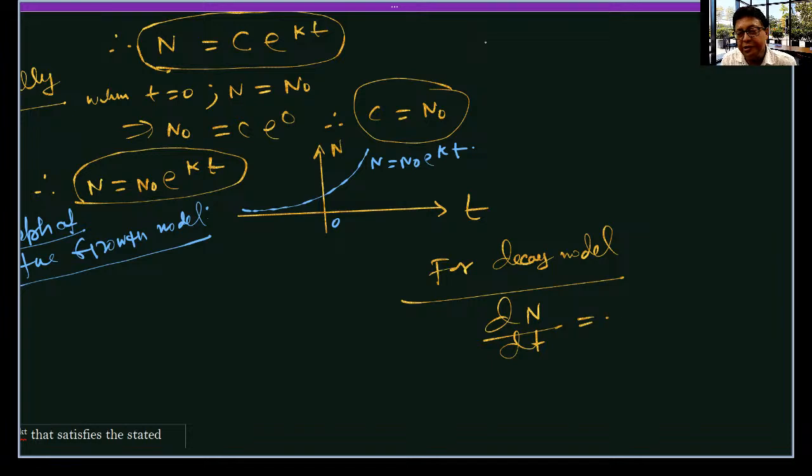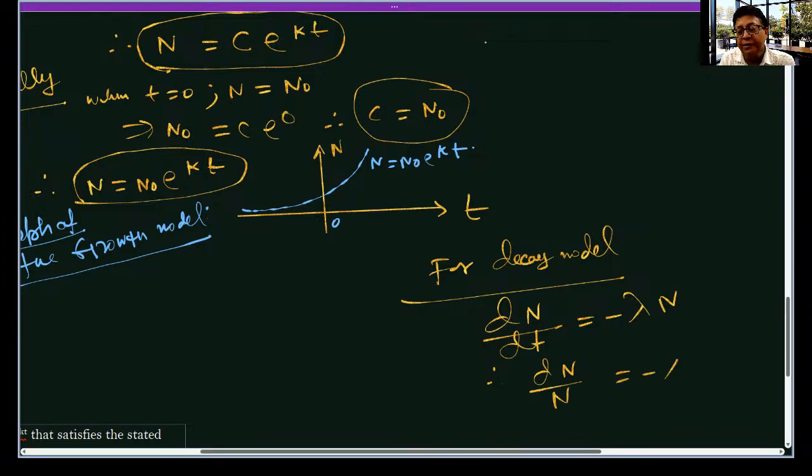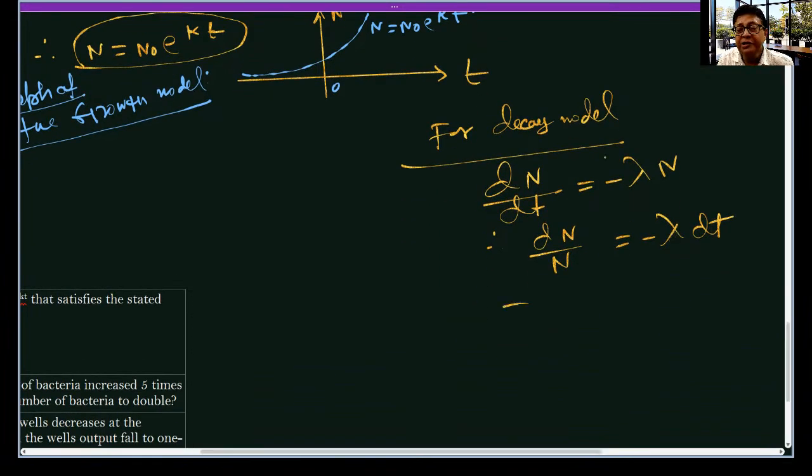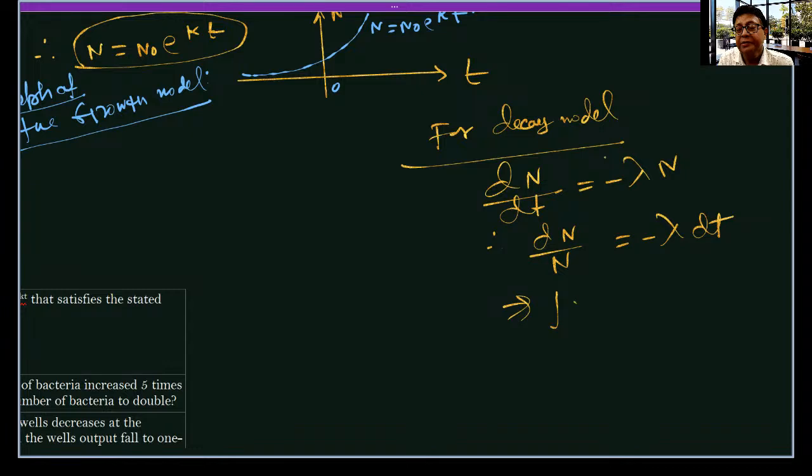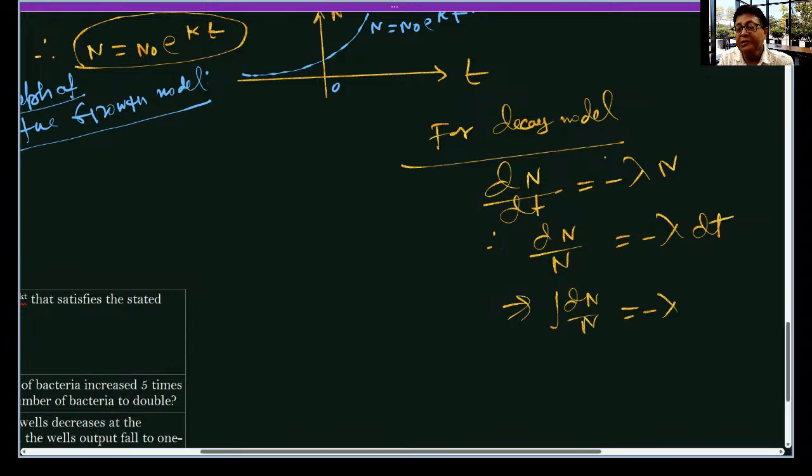So dn by dt will be minus lambda into n. Therefore, dn by n will be minus lambda dt. Okay? So this implies dn by n equals minus lambda dt. We are integrating both sides.